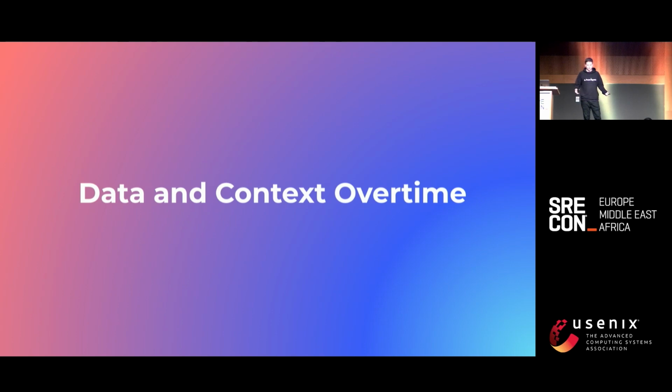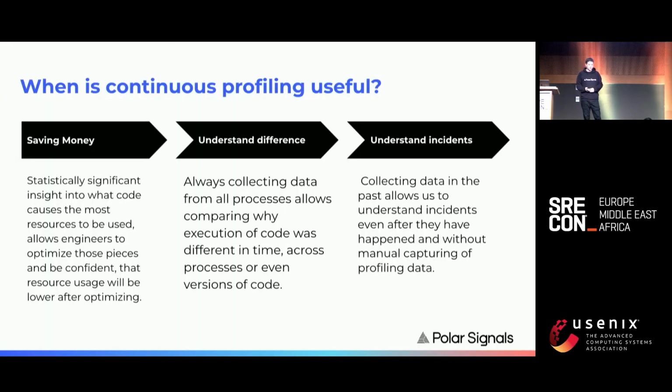And for continuous profiling, we get all of the data and context over time. We want to be able to see when a rollout happened, what the difference between those was, etc. So we can save money, understand the differences, and understand incidents.